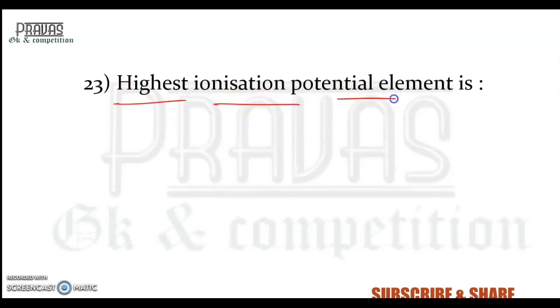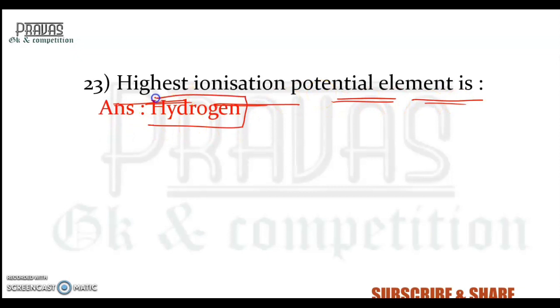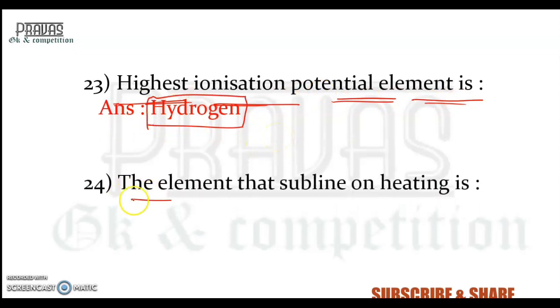The element having the highest ionization potential in the periodic table is hydrogen. Hydrogen has the highest ionization potential. The element that sublimes on heating is iodine.